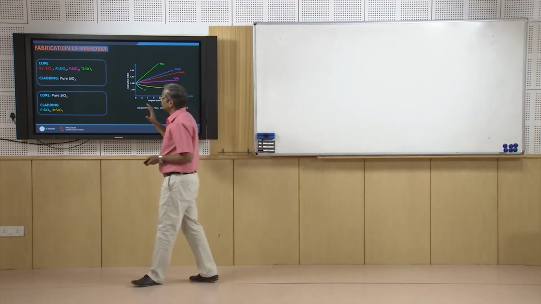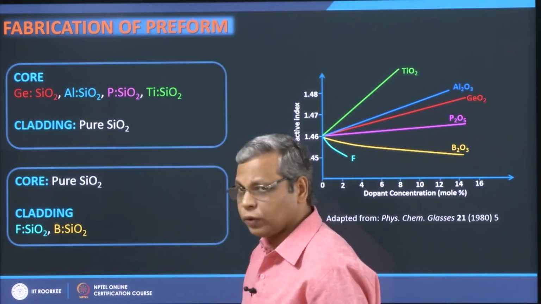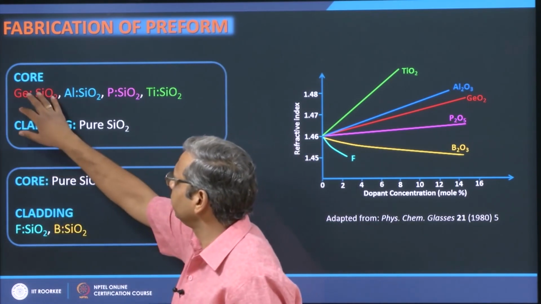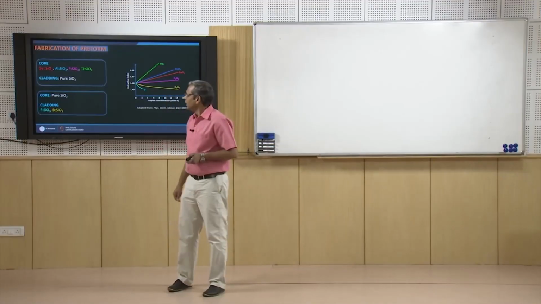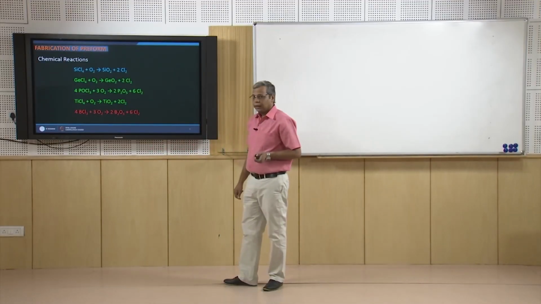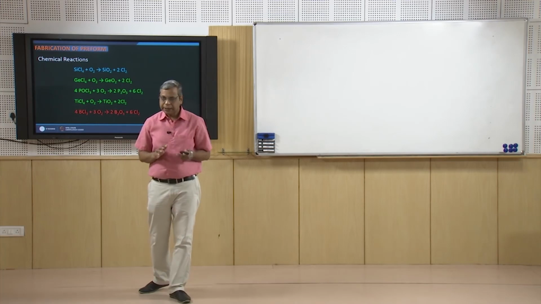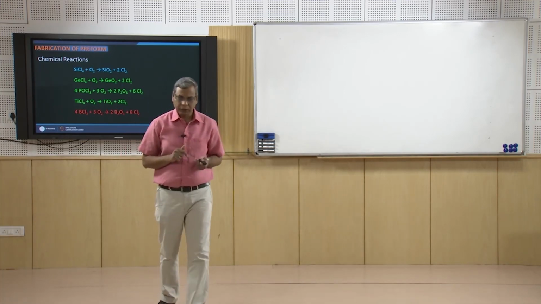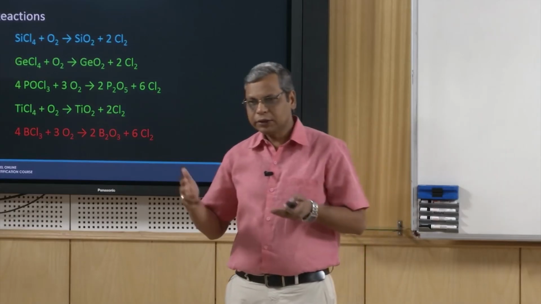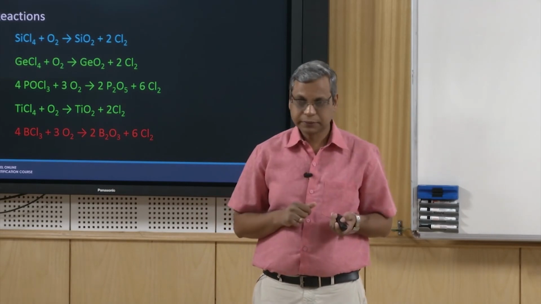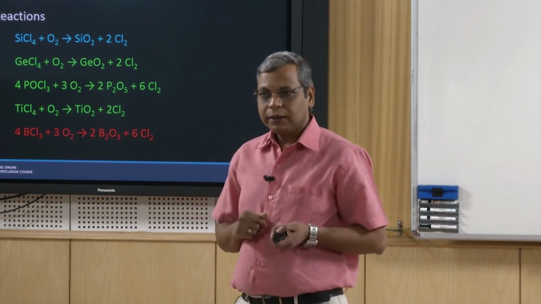When the reactants flow into this tube and are heated, as a result of chemical reactions the glass particles are formed. Since it is inside vapor deposition, first you deposit cladding layers inside this tube. So, initially you just put SiCl4 here in an oxygen environment, heat it up, oxidize it. When you do that, glass particles are formed.